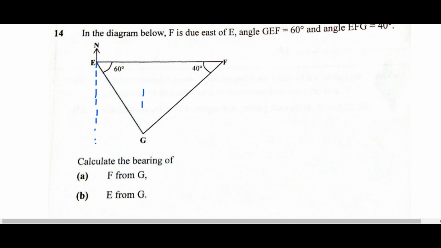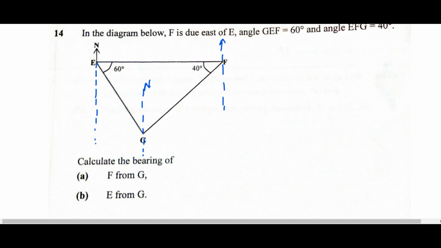Then also north, even here. So that is your first step. Then let's look at the first question. So we are solving for the bearing of F. So where is our F? Our F is here. This is where our F is.